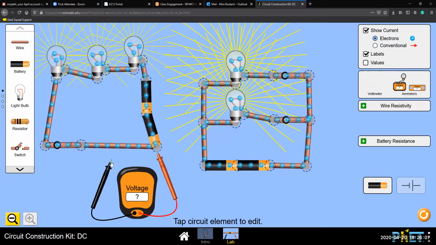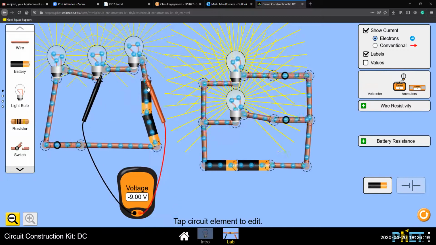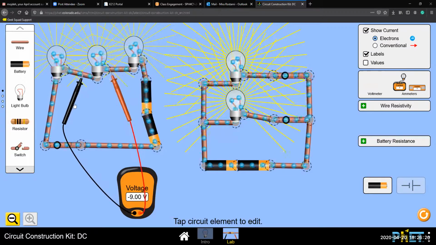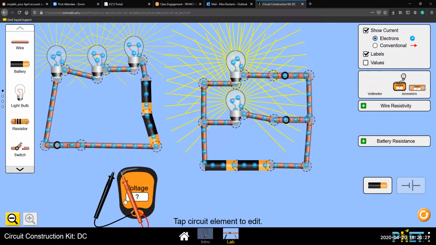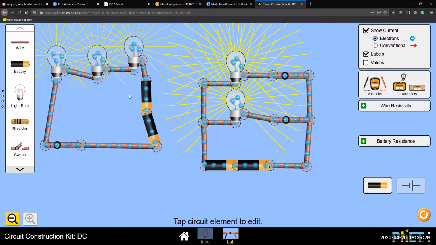So here you have, again, 27 volts. Now what's going to happen? You're going to have 9 here, 9 here, and 9 here, right? So it has to share the same voltage and divide it.